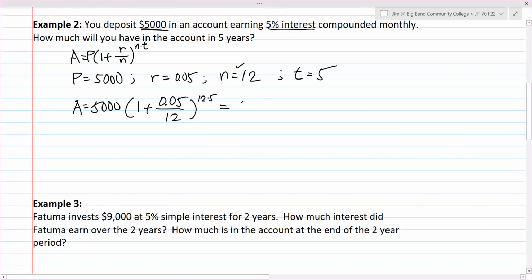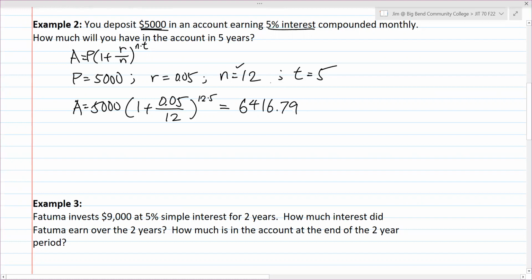Okay, so right, and then if you use the similar equation in your calculator, then your answer will be 6,416.79.